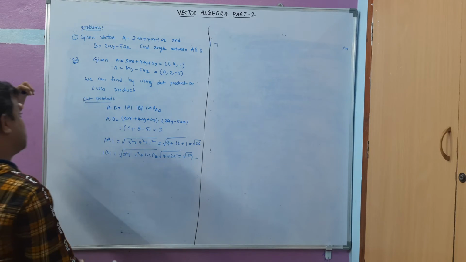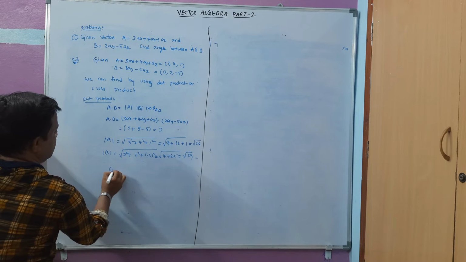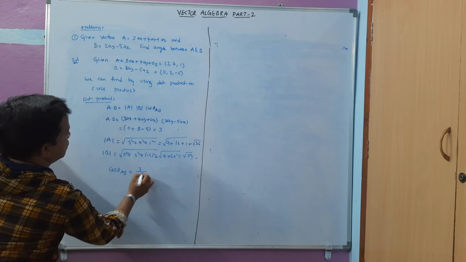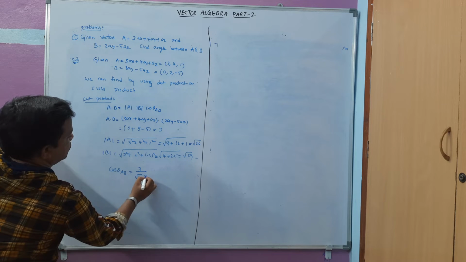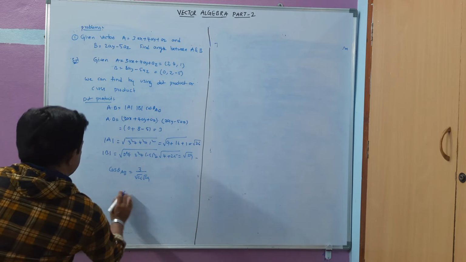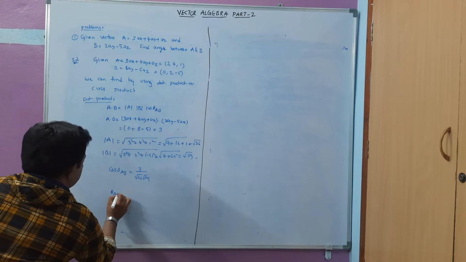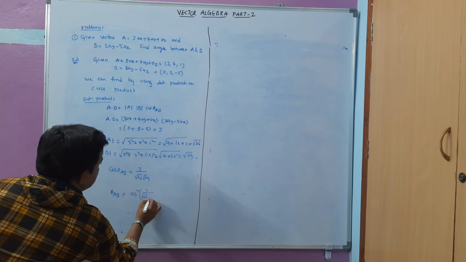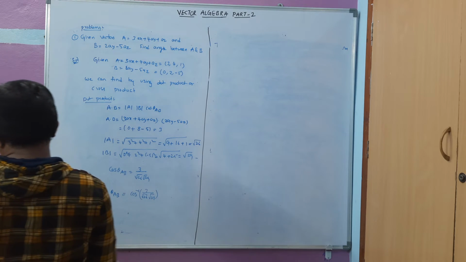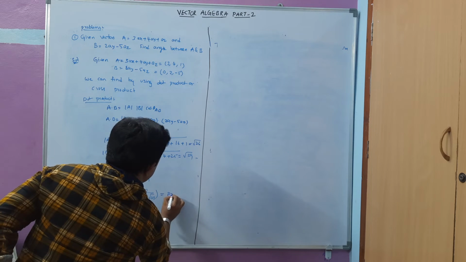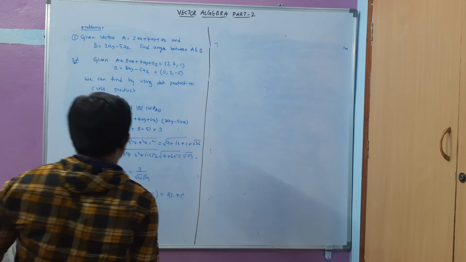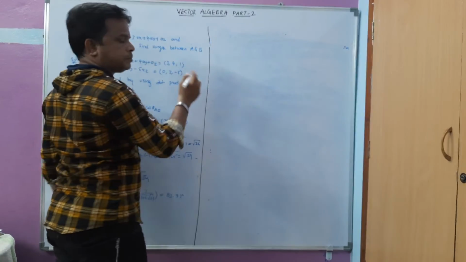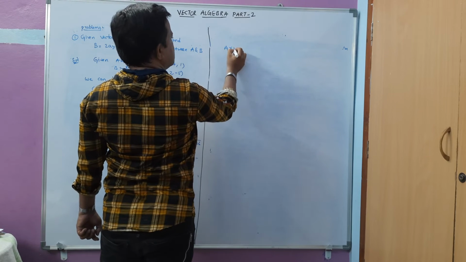Now I can use the formula: cos theta of AB is A dot B, which is 3, over root 26 root 29. So theta of AB is cos inverse of 3 by root 26 root 29, which will give me the result as 83.70 degrees.